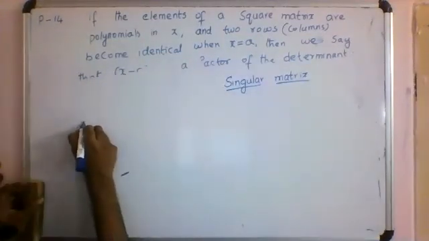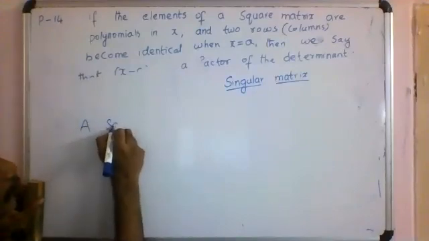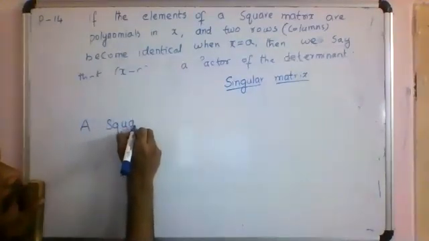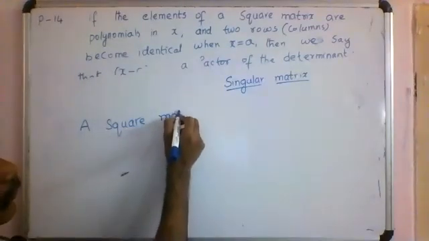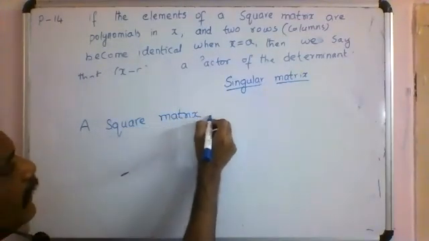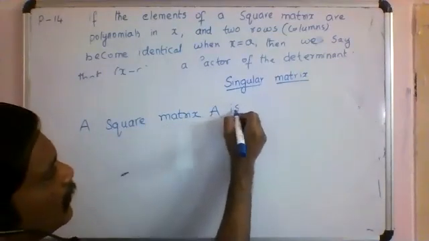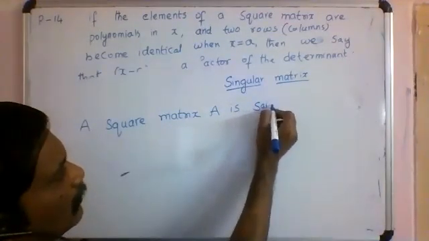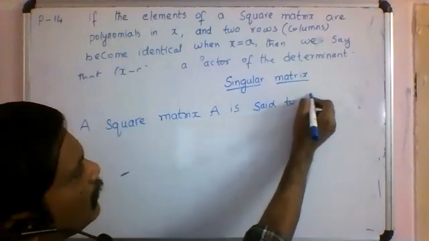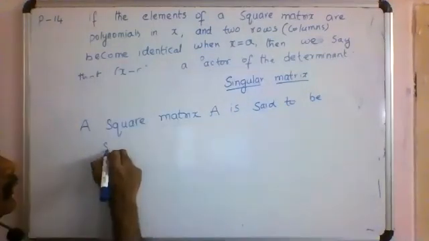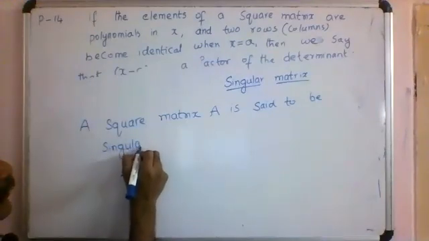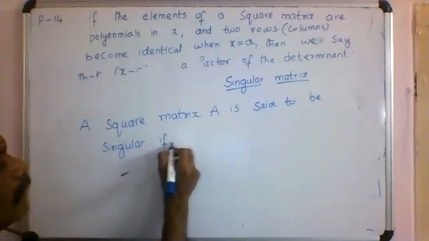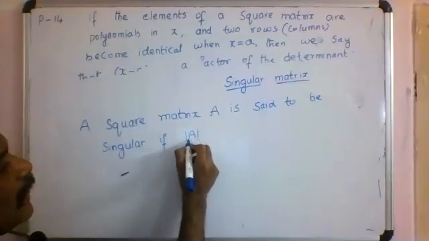A square matrix A is said to be singular if its determinant value is 0.